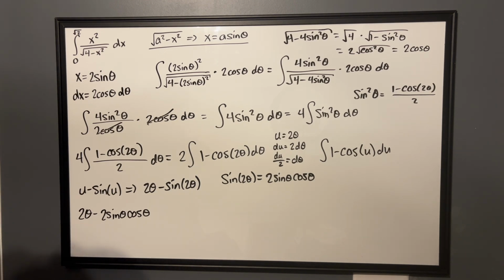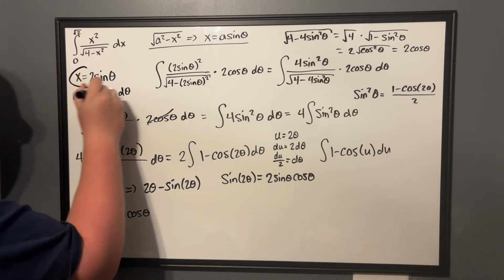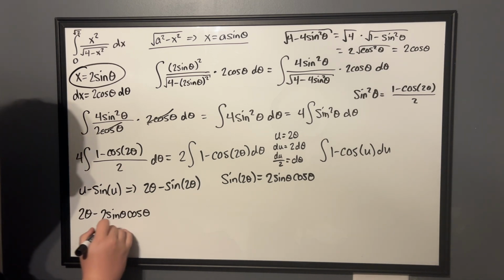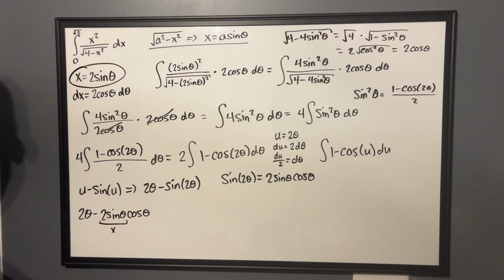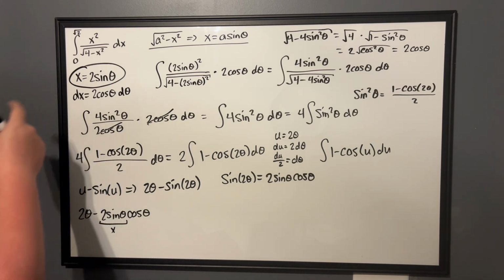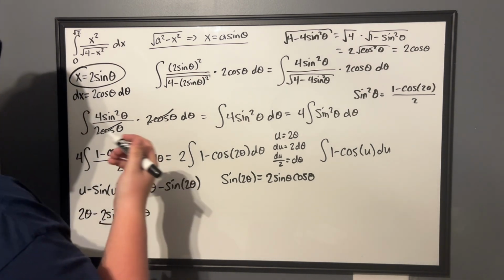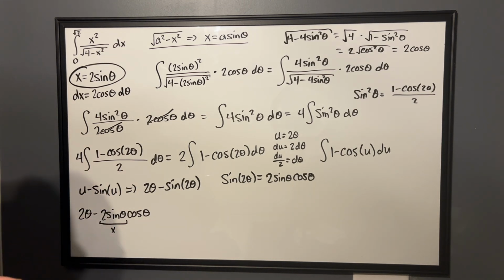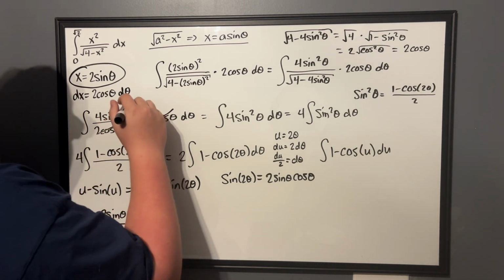So we want to go ahead and figure out how we can rewrite this in terms of x. Well, here's what we do know. We know that we started out with x being equal to 2 sine theta. And the nice thing about that is that right here, we have a 2 sine theta. So this is just going to turn into an x. Now we need to solve for theta. Well, if we know that x is equal to 2 sine theta, then we can solve for theta by dividing by 2 and then taking arcsine of both sides, which tells us that, I'm going to write it right here.